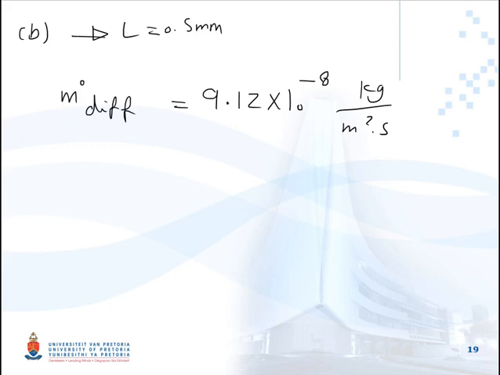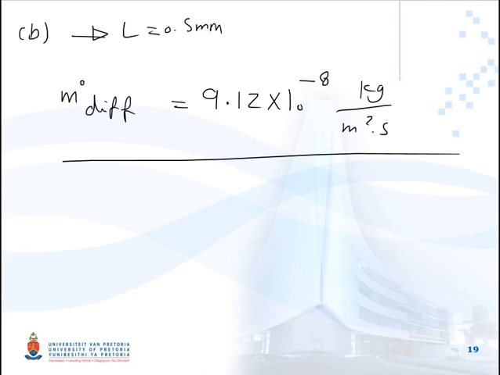Okay, so basically that's it. Try to do the second section at home and see if you can get the same number. It's very simple. Everything is exactly the same. The only thing that we changed was the thickness of the membrane.